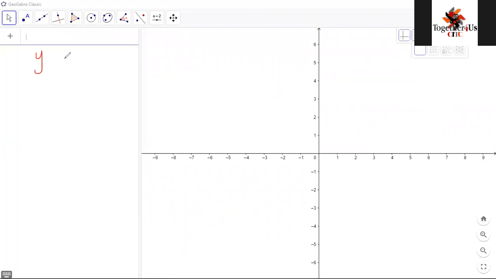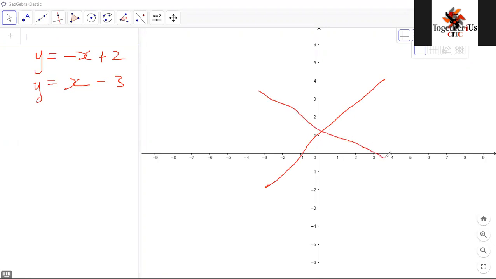Let's suppose you are given the graph y equals -x plus 2, and the function also y equals x minus 3. So obviously one of these graphs is going this way. I hope you know which one it is. And one of these graphs is going that way. Okay, of course, this is a random sketch.